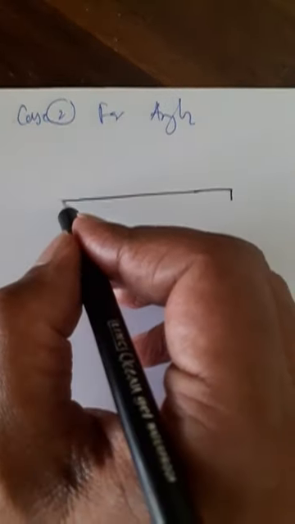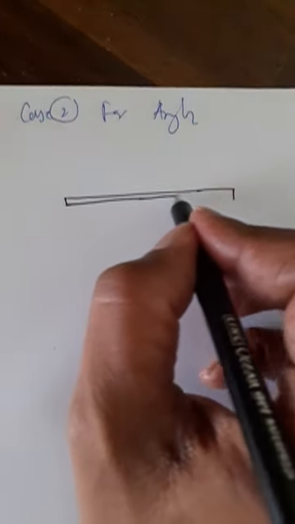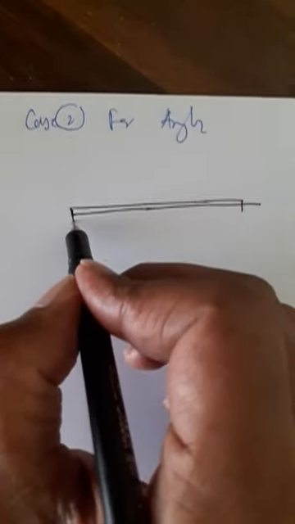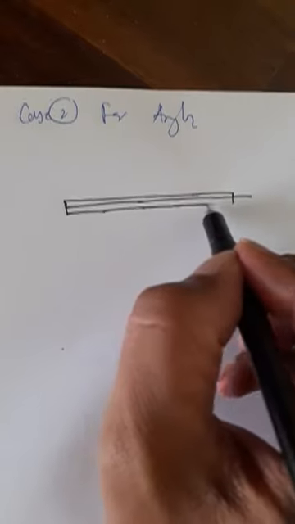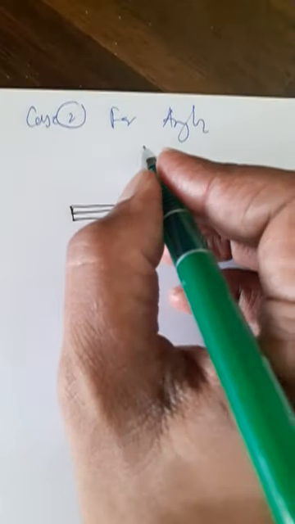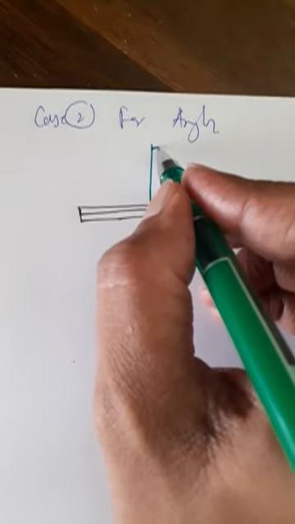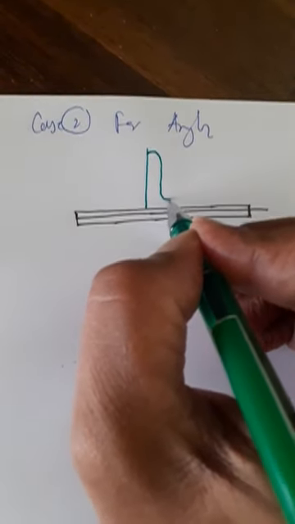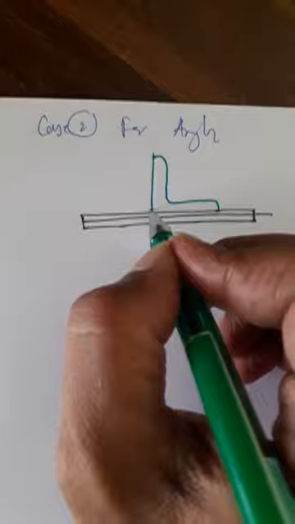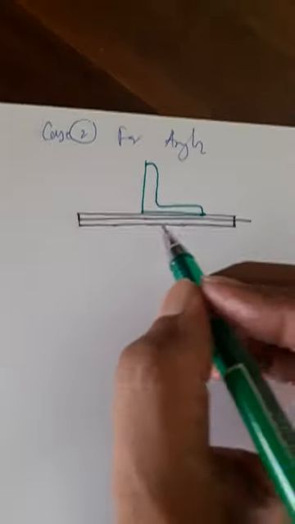Suppose this is a gusset plate, and I am connecting an angle to this gusset plate like this.